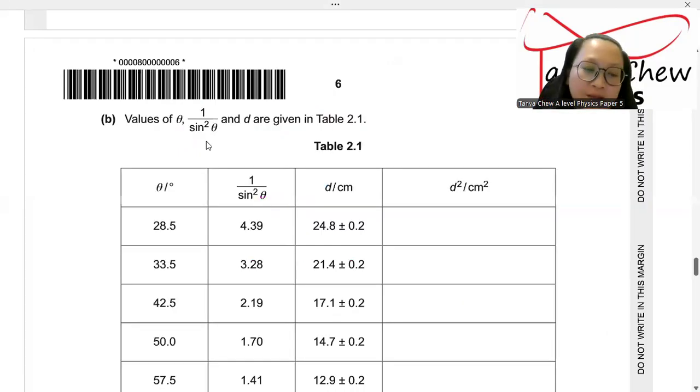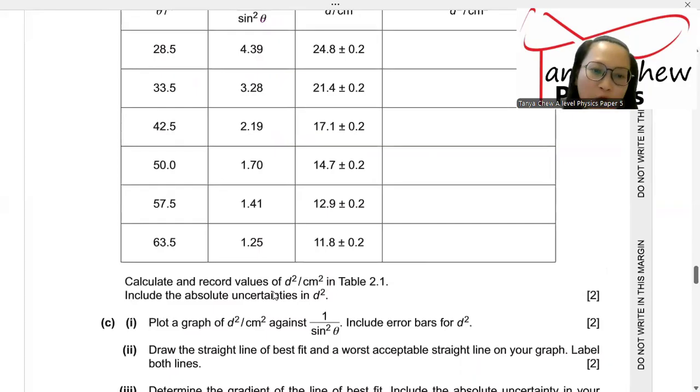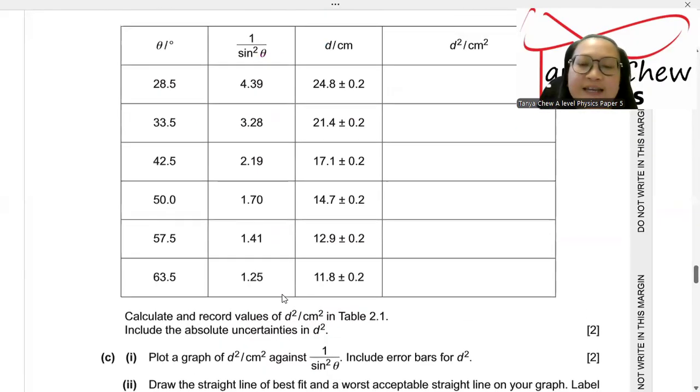Now, values of theta, 1 over sine squared theta and d are given in table 2.1. Calculate and record values of d squared per cm squared, that's the unit of d squared, in table 2.1. Include the absolute uncertainties in d squared.